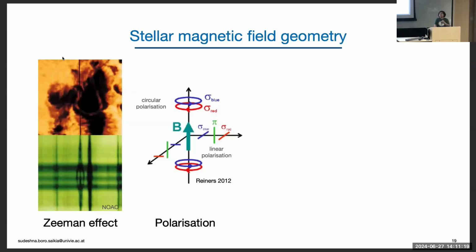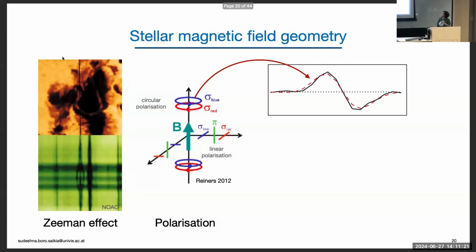If you have access to a spectropolarimeter, you can get a nice spectrum, which will show you the Stokes V signature of this line. This signature tells us that there is a magnetic field present on the star, and we can infer what kind of field strengths this particular star might have.